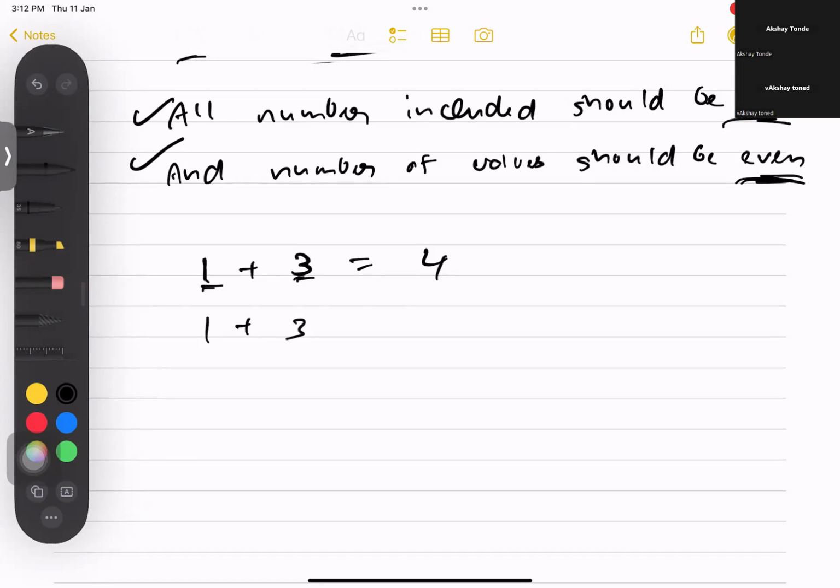Now, if we take 4 numbers instead of 2, we have 1, 3, 5, and 7. This gives a sum of 16.